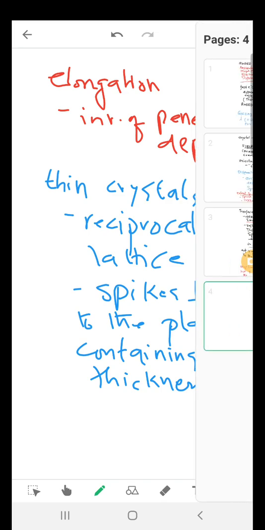This is due to the very small value of the wavelength lambda of the electrons, so the radius of the Ewald sphere is quite large.